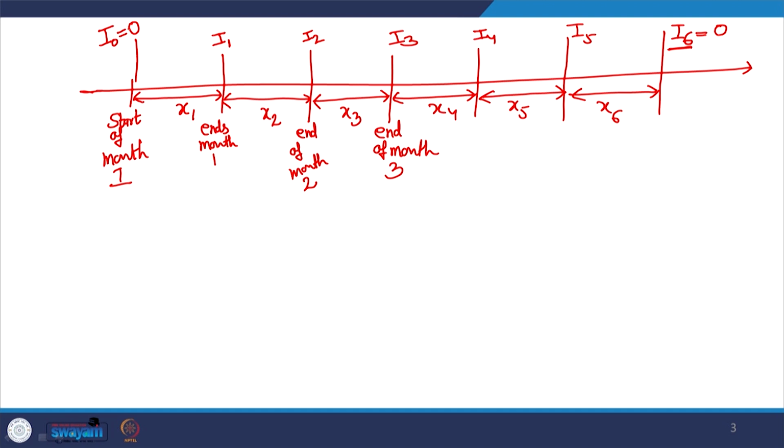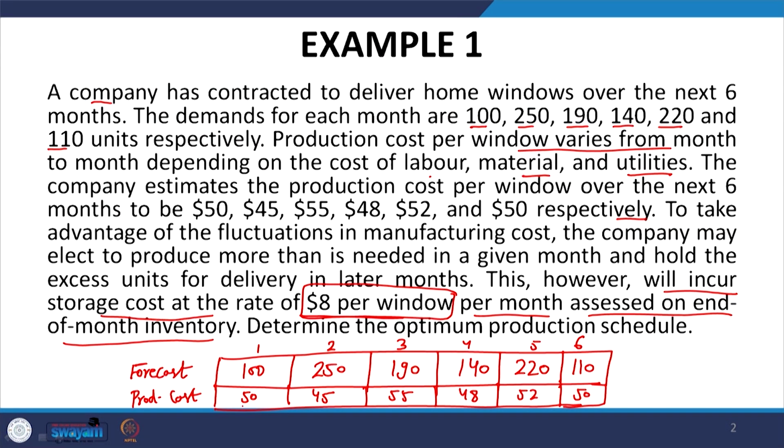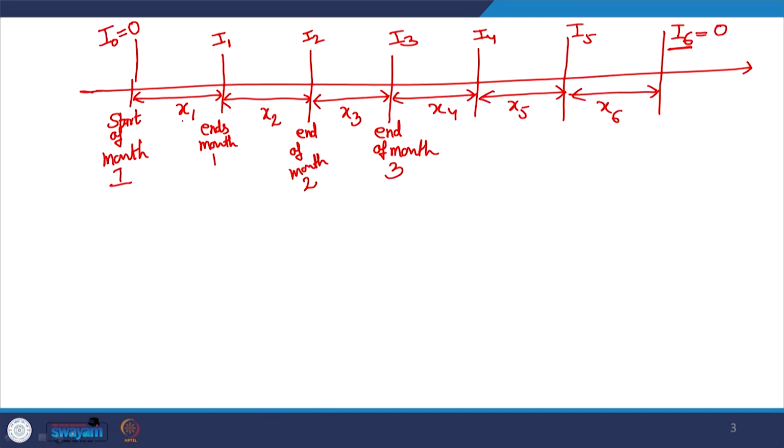Now, based on this, our cost issues are like this. In the first period our production cost is 50, second is 45. You are producing x1 units in the first period, so the production cost for the first month is 50 x1.